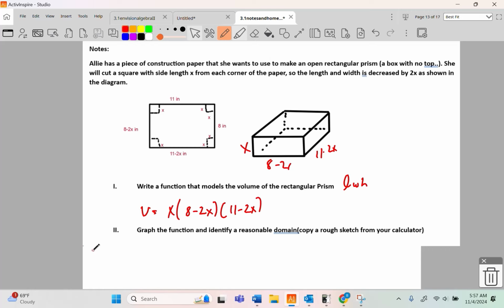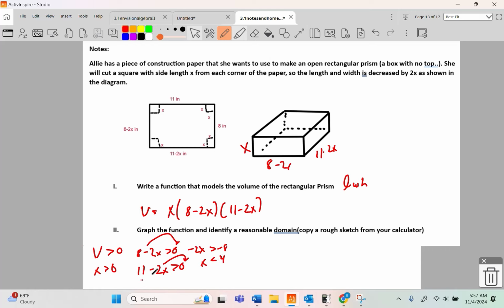Now here's what I know. Volume has to be bigger than 0, so each of these factors has to be bigger than 0. x has to be bigger than 0, 8 minus 2x has to be bigger than 0, and 11 minus 2x has to be bigger than 0. If I solve, negative 2x is greater than negative 8, divide by a negative, x has to be less than 4.